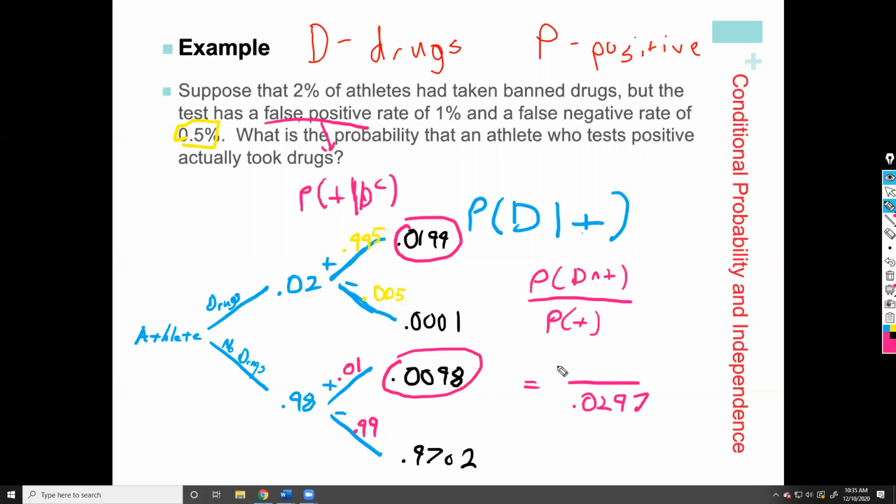So what's the probability that they actually took the drugs? Well, the people that took the drugs are up here, 0.0199. So that's going to be our fraction. That's what we're going to divide by. And when we divide that, we get 0.67.